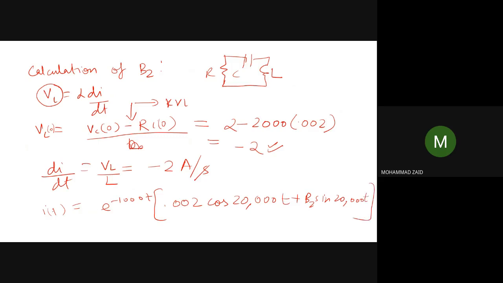So this expression we know. All things are known. Only we need to calculate B2. What will be the B2? Let us differentiate the equation of i(t). Let us assume that this is some equation A. Okay, so differentiate A.